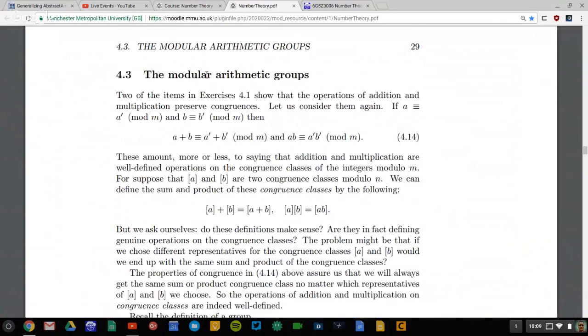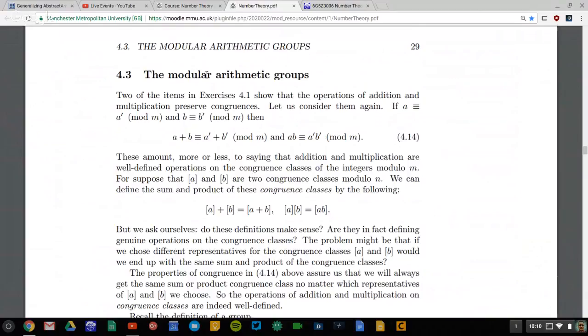Similarly, if you multiply A and B, you end up in one of these other congruence classes. If instead you multiplied A prime by B prime, you can't land in any of the other ones. You have to land in this same one, the one that contains A times B. So A times B is in some congruence class, and so is A prime times B prime. A plus B is over here in one of the congruence classes, and so is A prime plus B prime.